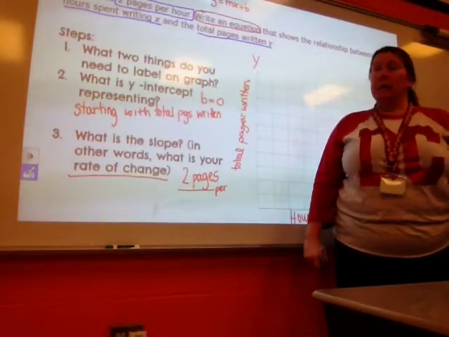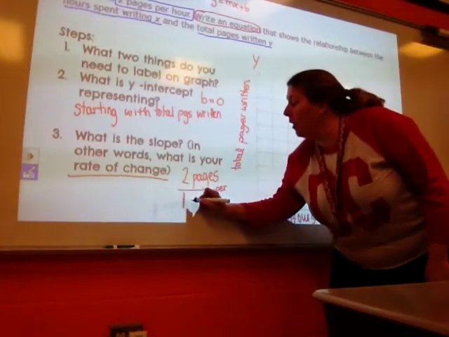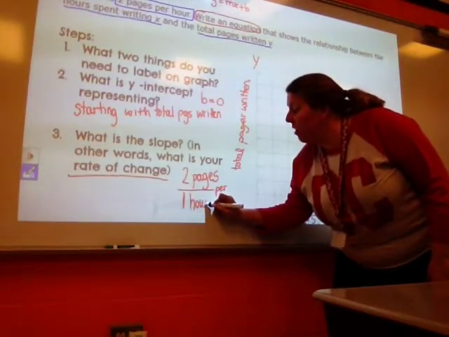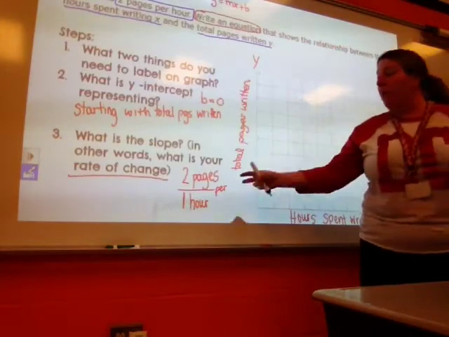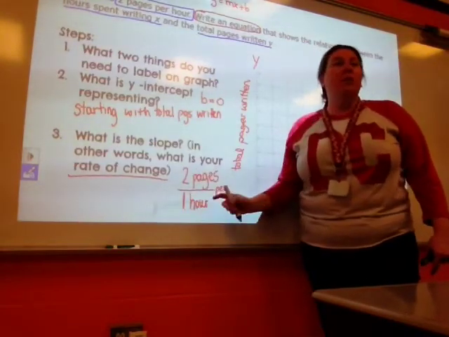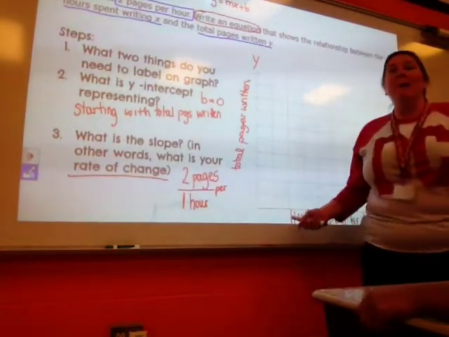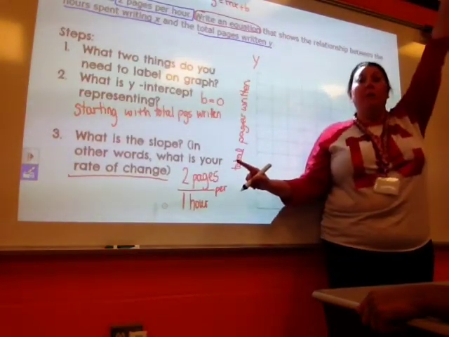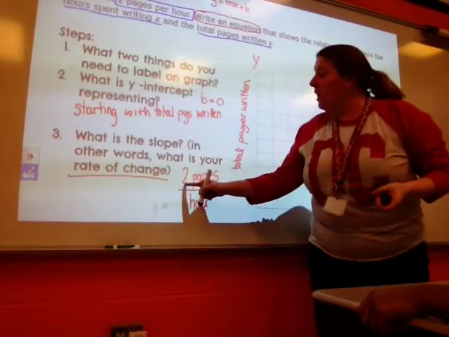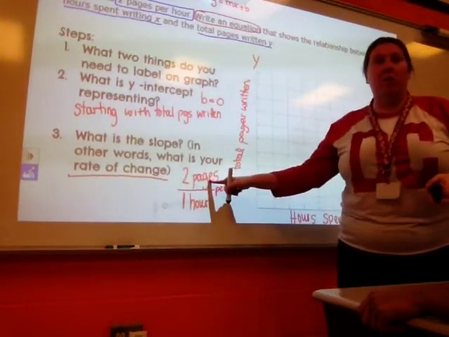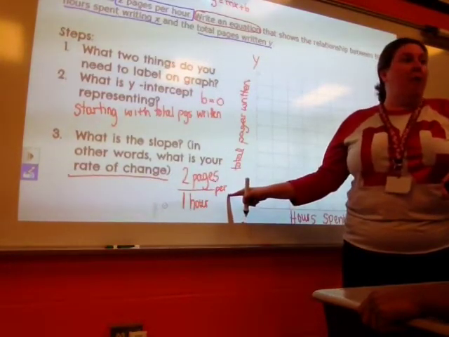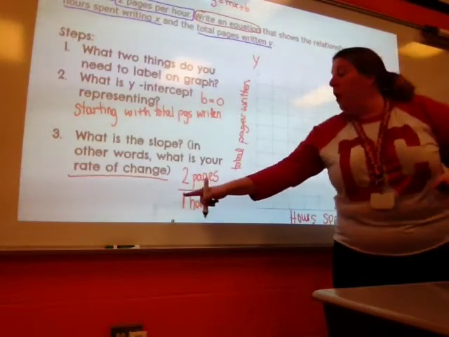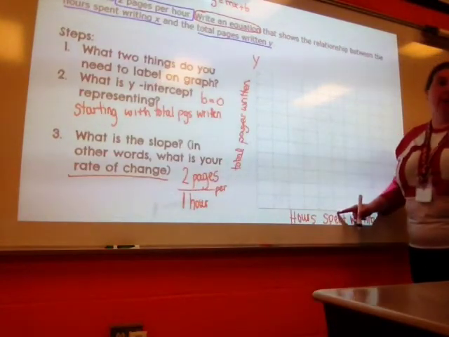What does that mean? 1 hour. Because remember, what I'm actually finding is my slope. So I want there to be 2 numbers there, but I also need to know what those numbers mean. That means I'm increasing because I'm going to go up, right? I'm increasing 2 pages for every what? 1 hour that I also what?